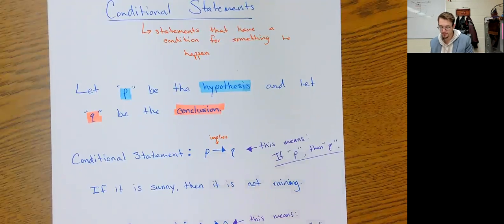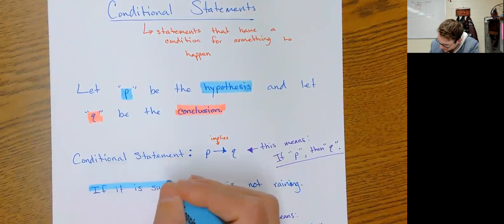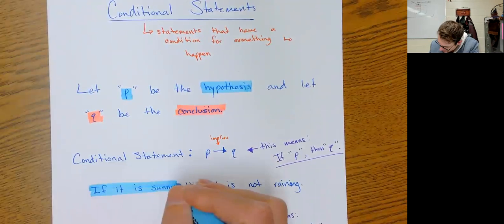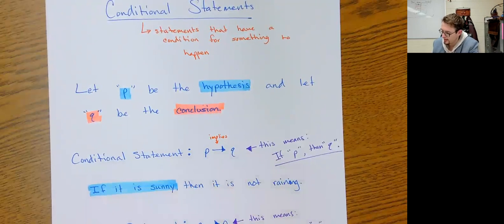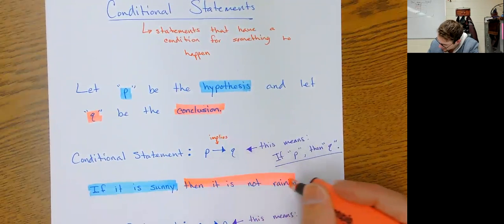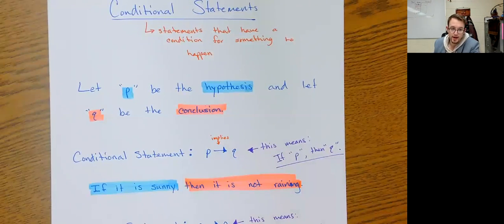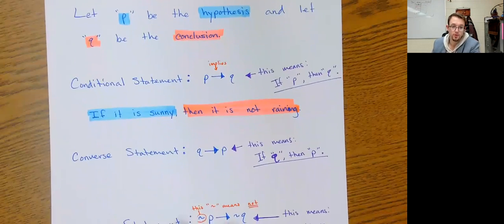So we're given the hypothesis, if it is sunny, and then the conclusion, then it is not raining. If it is sunny, then it is not raining.